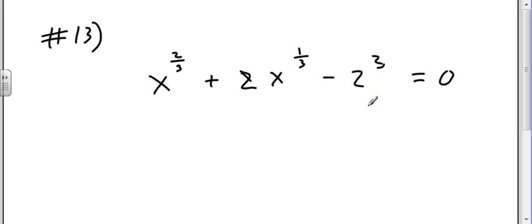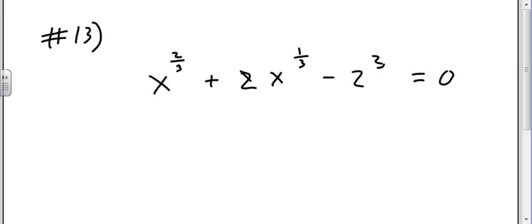By inspection, we find that the answer is 2. Well, that doesn't work, does it? Okay, so we can't do that.